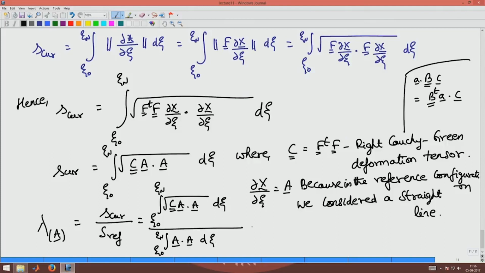We will stop here for today's lecture. In the next lecture we will simplify it and get the linearized strain tensor from here. Thank you.